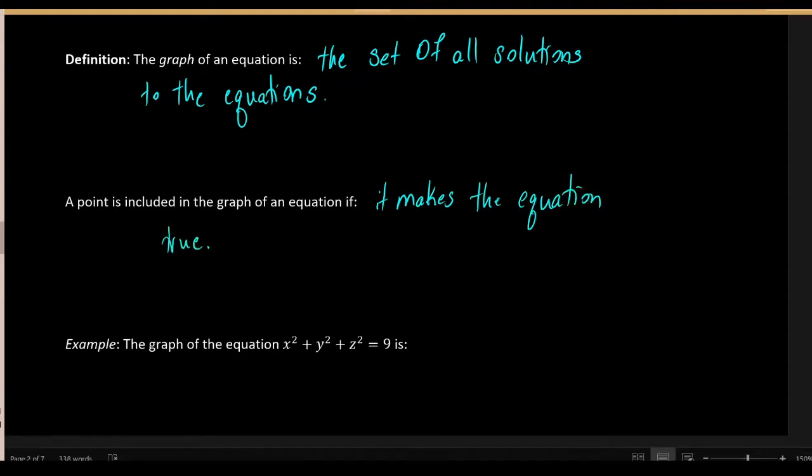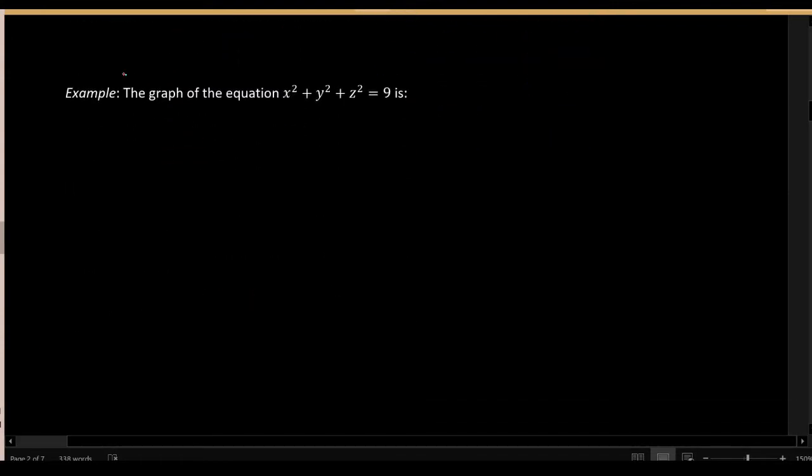And yesterday we looked at the particular example of the graph of the equation x squared plus y squared plus z squared equals 9. This described a graph which had the shape of a sphere. A point was included in the graph if its distance from the origin was exactly 3 units.